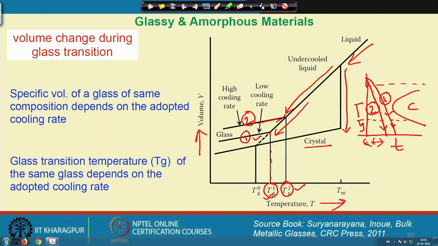And we already said that if we extrapolate this plot, then we will get a quasi equilibrium glass, where an isoentropic situation will occur. But anyway, at this moment let us stick only to the specific volume change. So, in these two cases we can see that the glass transition temperature of the same composition is different, and it depends on the adopted cooling rate.